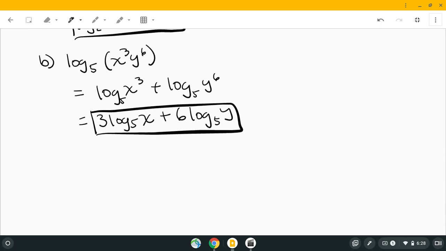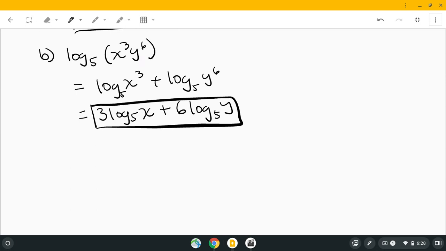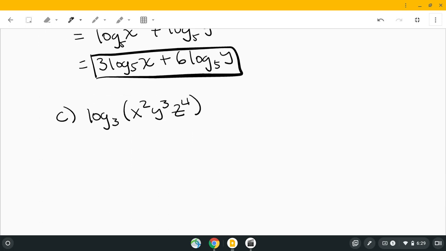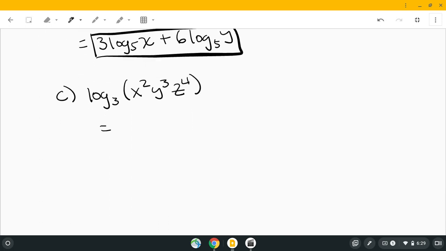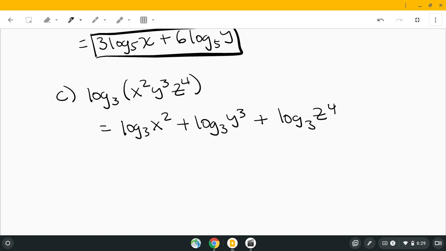Okay, if you have more than 3 things you're taking the product of, like let's say you're doing log base 3 and you have x squared, y cubed, z to the 4th, this is still a product, so you can write all of these as a sum. So log base 3 of x squared plus log base 3 of y cubed plus log base 3 of z to the 4th. And then all of these have exponents that you can bring down to the front.